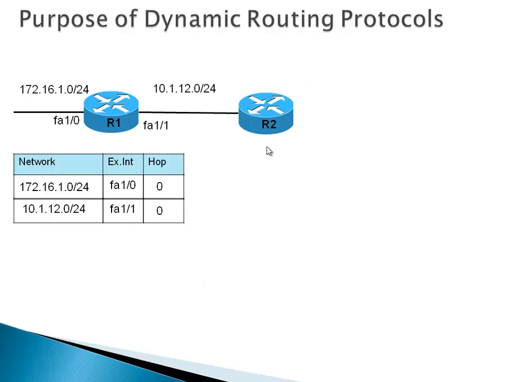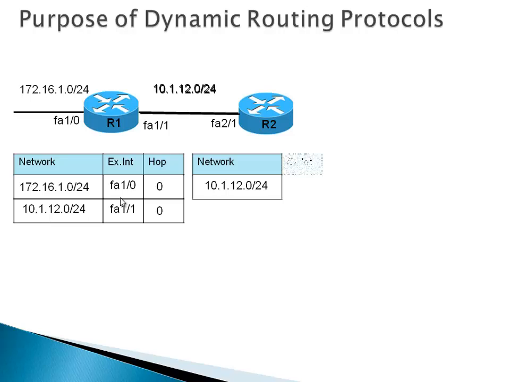Now we bring router 2 into the picture. Router 2 does the same thing. I've got a connection through interface FA2/1, and the network is 10.1.12.0/24. So I'm going to add that to my table, with exit interface FA2/1 and hop 0.